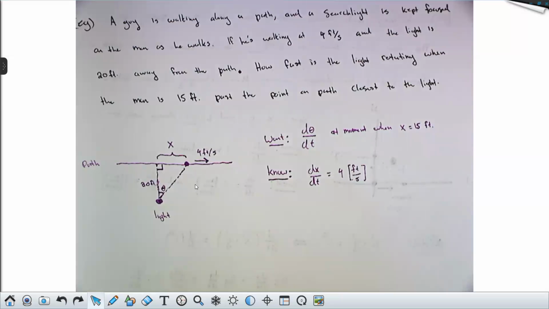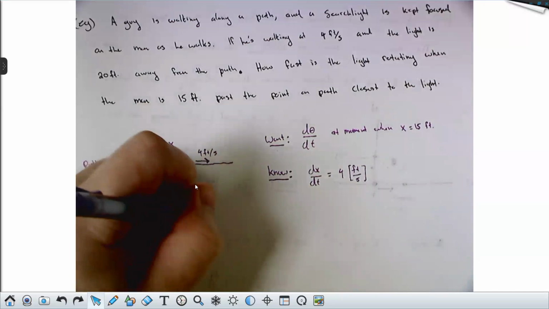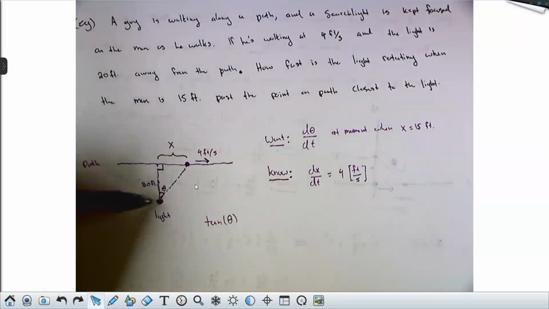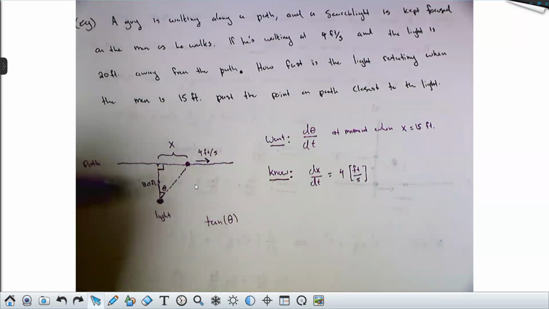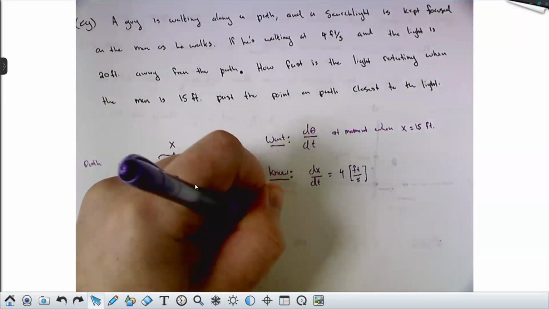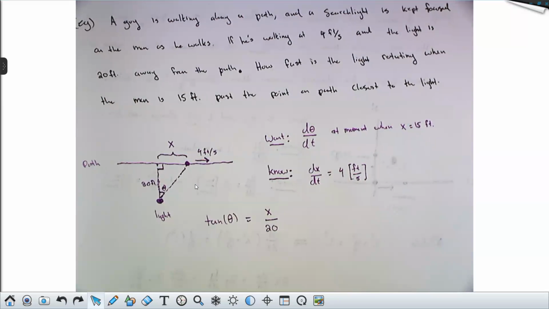I would rather differentiate X than 1 over X. So we know that the tangent of theta is equal to the opposite over the adjacent, which is X over 20. And I'll leave my units off in this to make the calculations less scary.